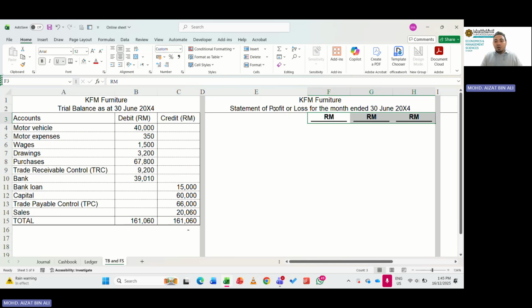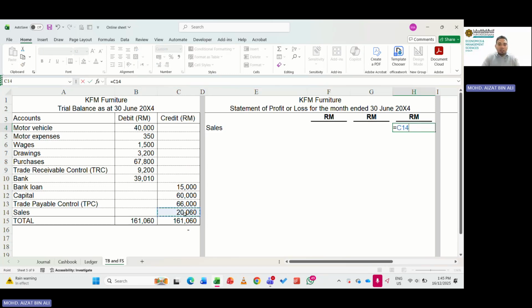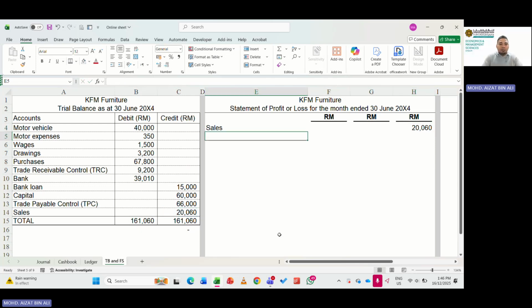It should be statement of profit or loss. In the new textbook, we have made this correction. So for the statement of profit or loss, we are going to start with the sales. Just take from this trial balance. Sales, less cost of goods sold.